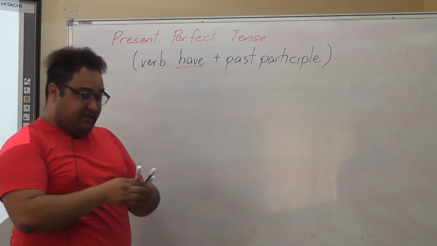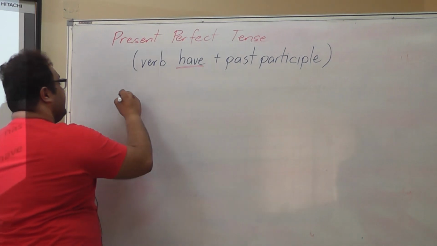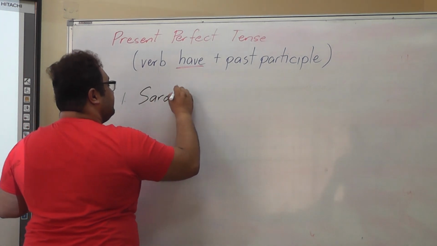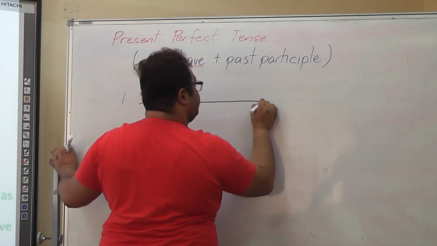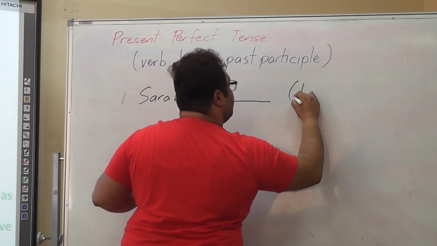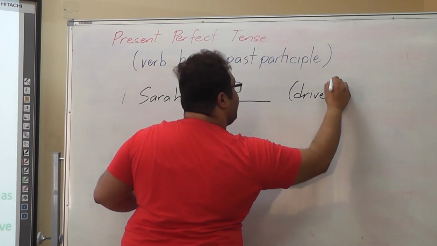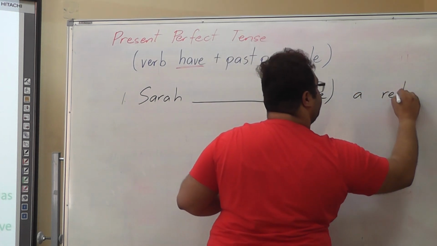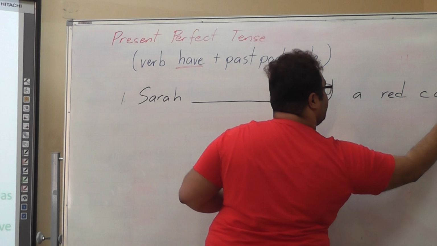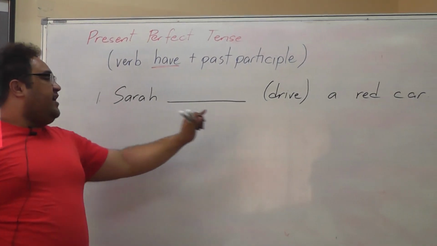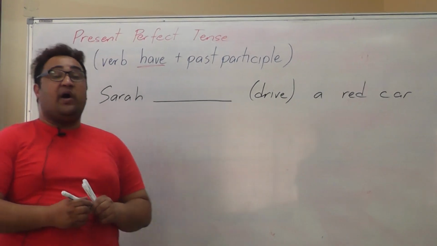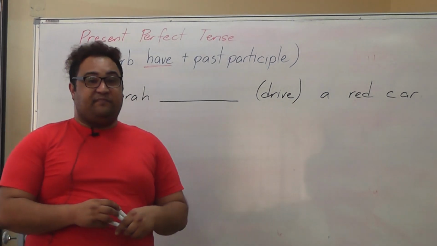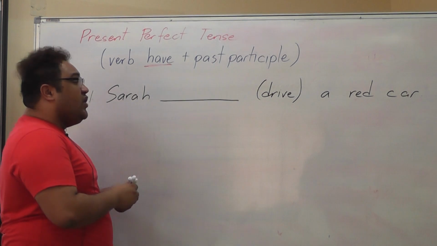So let's have some examples. Number one, Sarah drive a red car. Okay, Sarah drive a red car. So how are you going to transform this into a present perfect sentence?